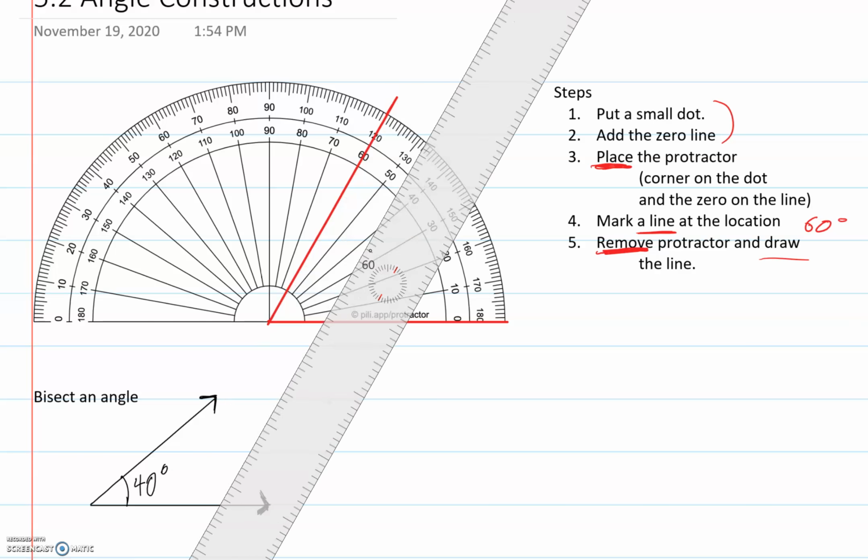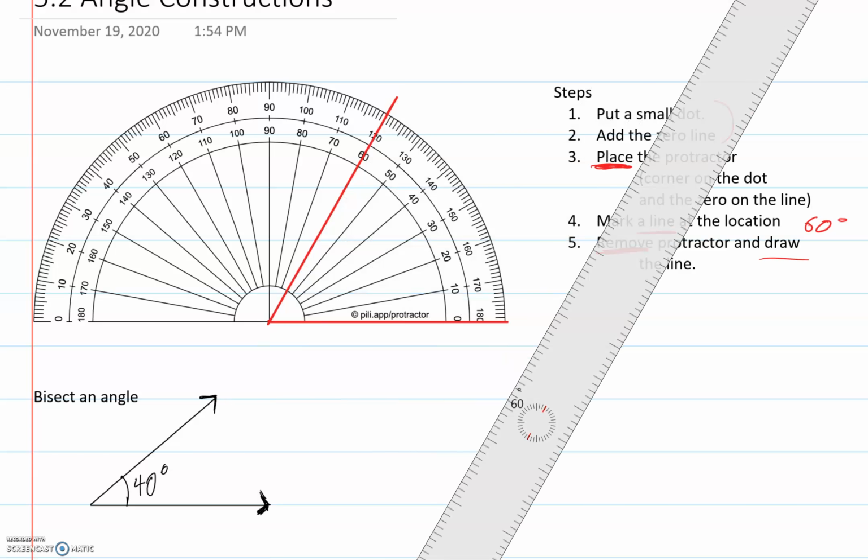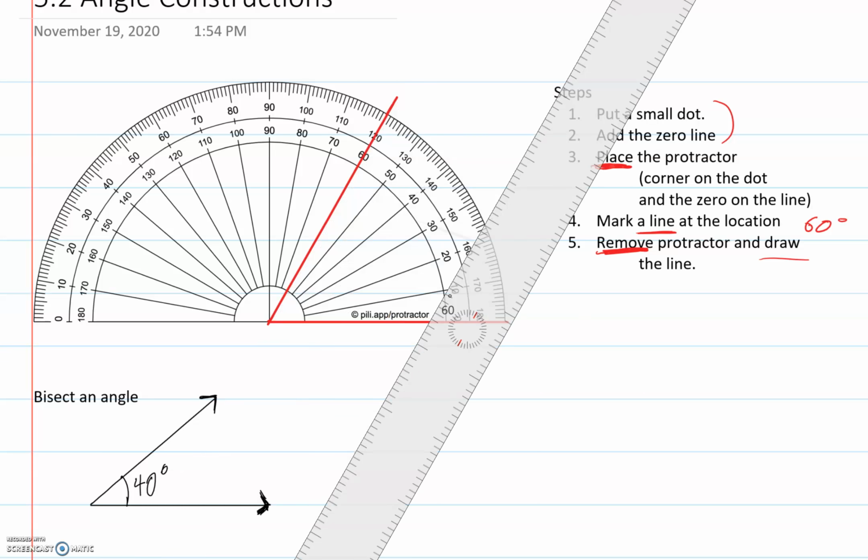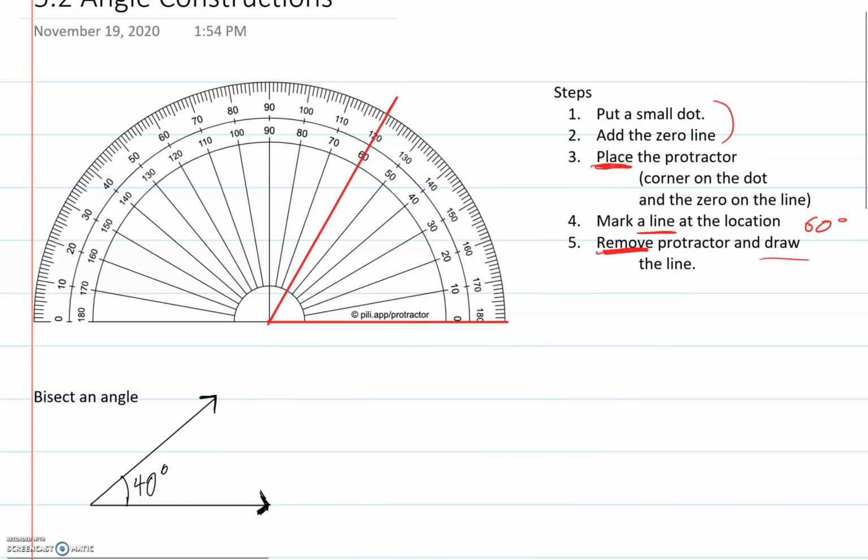And lucky for me, look, my ruler has a little marking that tells me how many degrees I've gone. So it tells me that I'm at 60 degrees. So it agrees with our protractor, which is awesome. So this is our constructed angle. We drew an angle starting at 0 and making our way up to 60. So that is this angle right here. That's 60 degrees.